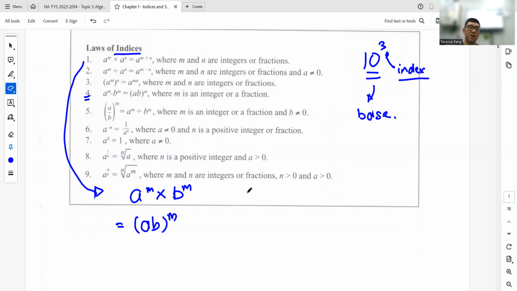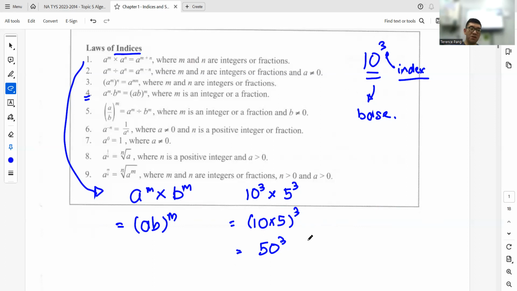An example would be 10 cubed multiplied by 5 cubed. That will give you (10 times 5) the whole thing bracket cubed, which gives 50 cubed, because 10 has a cube, 5 has a cube, so you can group them together with the same index.